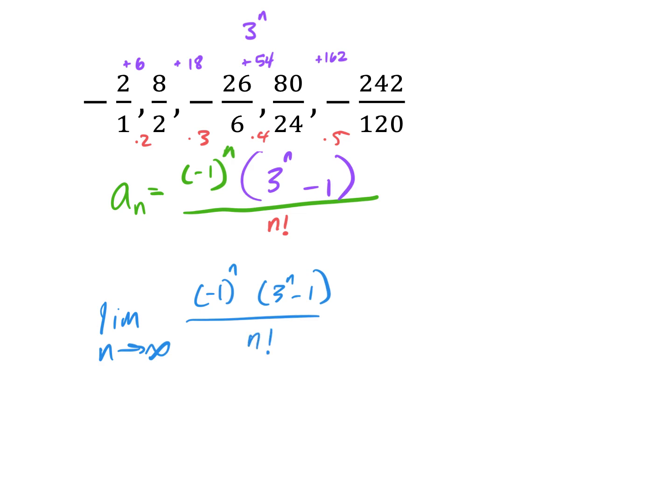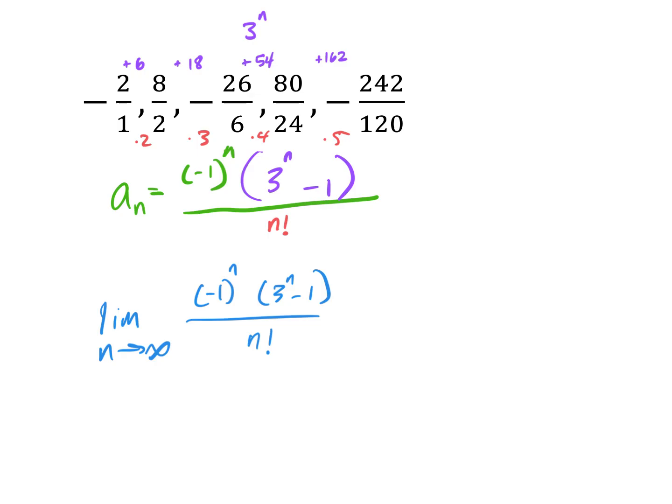And some of you might be saying, we can tell right away that this is oscillating, right? Or it's alternating, so there's no way it could converge. Except we have a slight problem, okay?